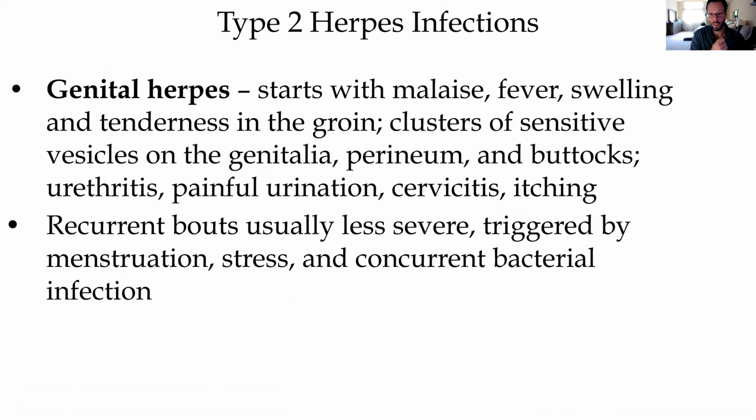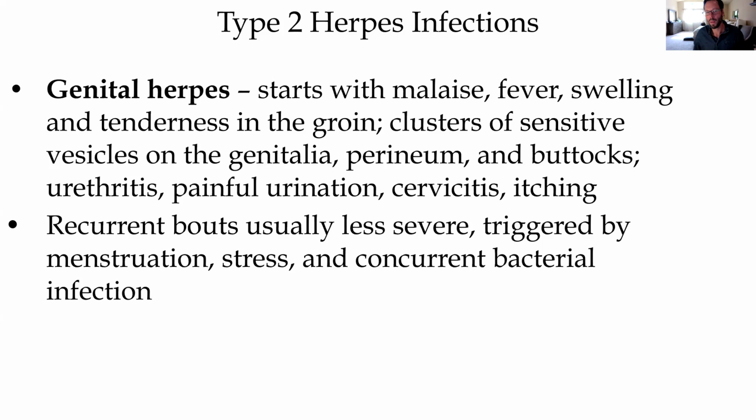And then genital herpes. That's typically going to start with just feeling bad, a fever. That might lead to swelling and tenderness in the groin, and then gets more and more painful in that area when you're urinating, gets itchy. And usually the first bout with it is the worst.